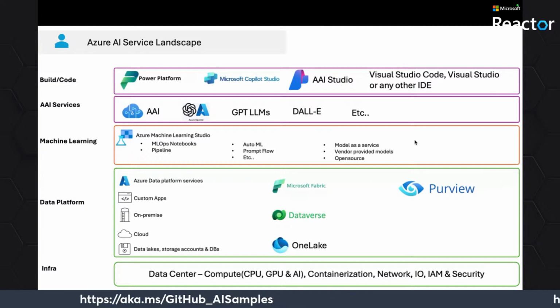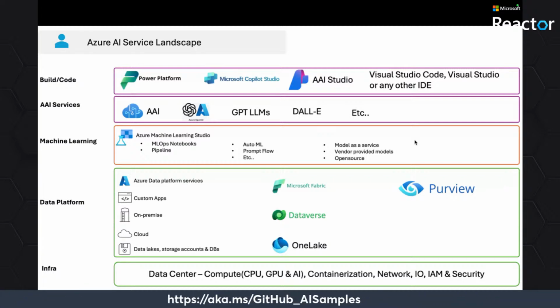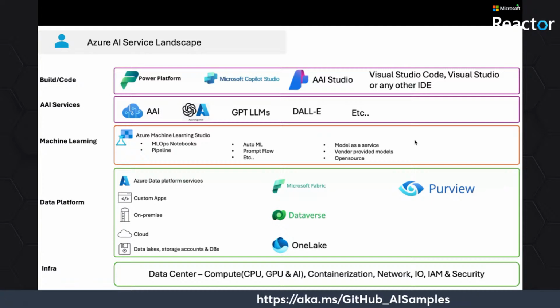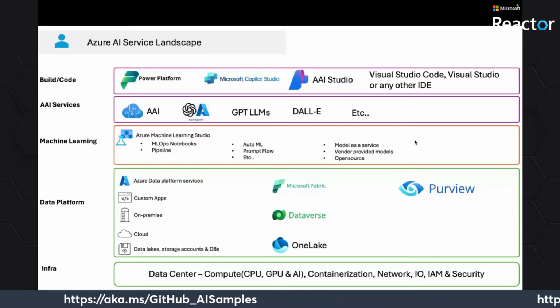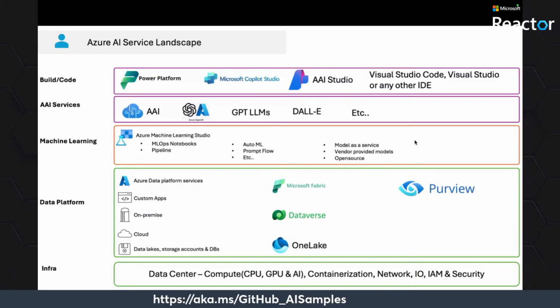The second layer focuses more on the data front, where the data is going to be ingested from for my particular AI services, right? In that particular case, the data platform services, the customized apps, you may have data incoming from an on-premise data center, a cloud-driven environment, or probably some existing data store from where you will be able to produce this information, and then it will help you in terms of capturing that information somewhere in cloud.